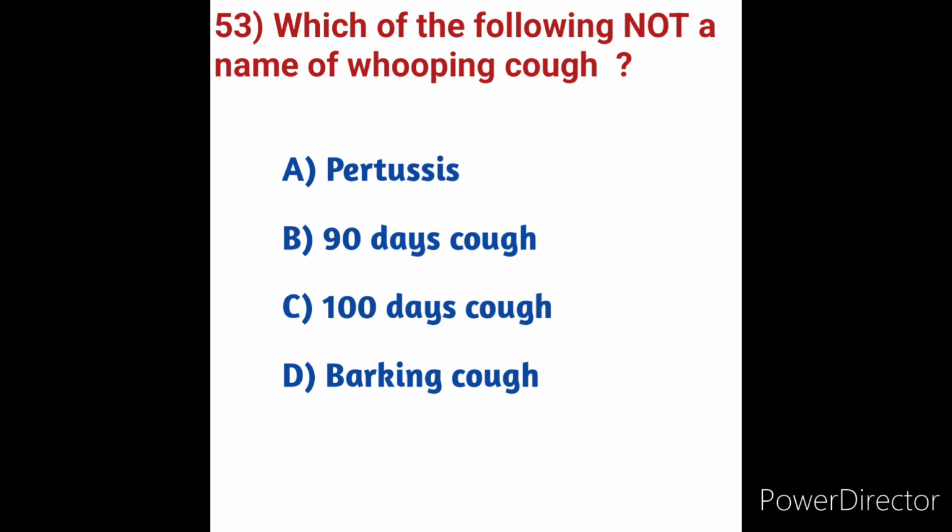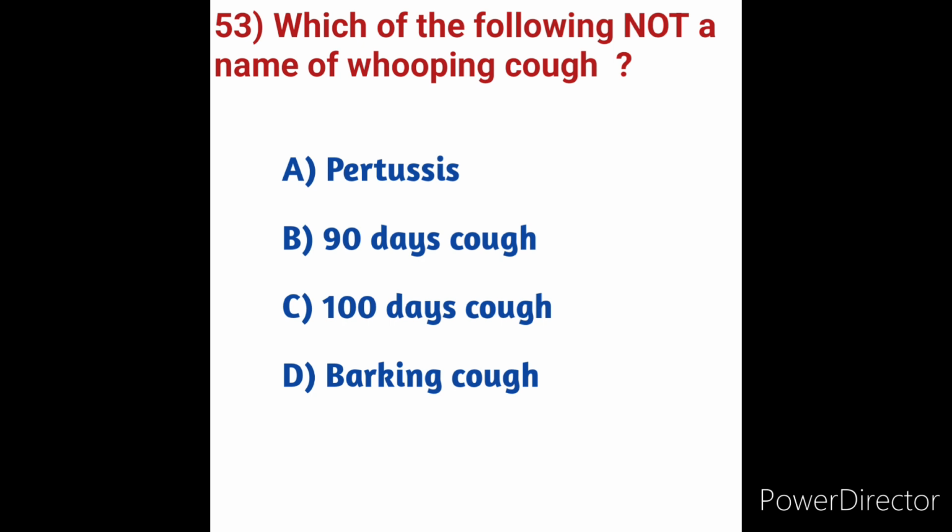Whooping cough is also called pertussis, 100 days cough, and barking cough, but here option B is the exception. Why is it called 100 days cough? We will discuss now. The 100 days cough, also commonly known as whooping cough, takes its name from the heavy wheezing sounds you make when trying to breathe in between coughs.